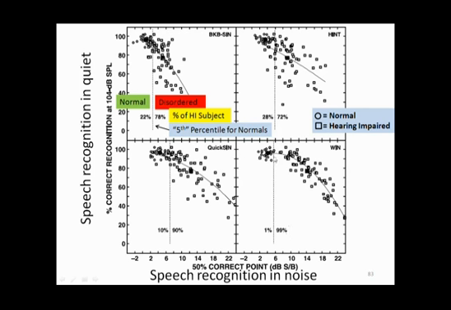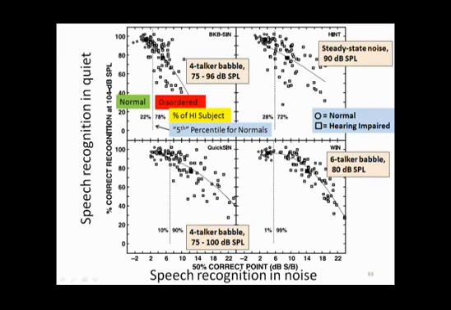So this is what Dr. Wilson and colleagues used to say, wow, look at the WIN. It's doing such a great job of separating between individuals with normal pure tone thresholds and individuals with elevated pure tone loss.